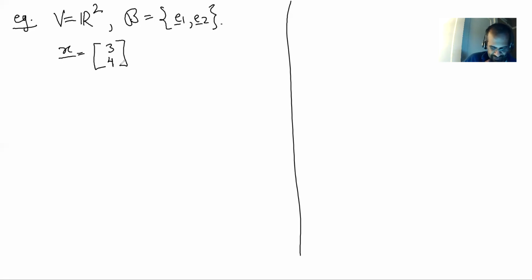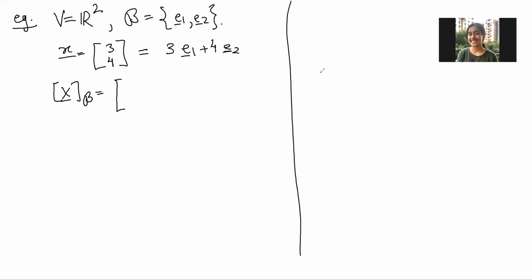That's a vector in R2, and I can write this as a linear combination: 3E1 plus 4E2. So what would be the coordinate vector of this vector x? Anybody know? Three, 4. Yeah, 3, 4.